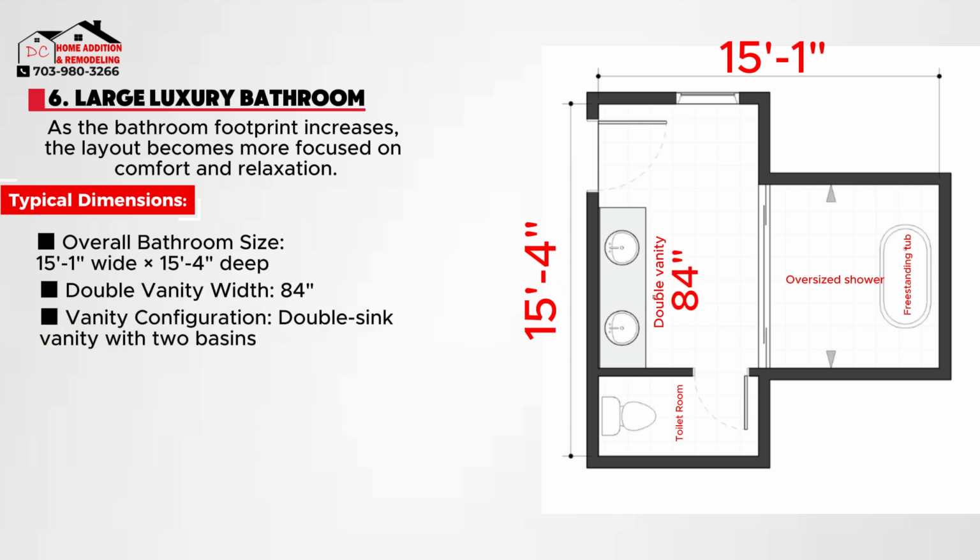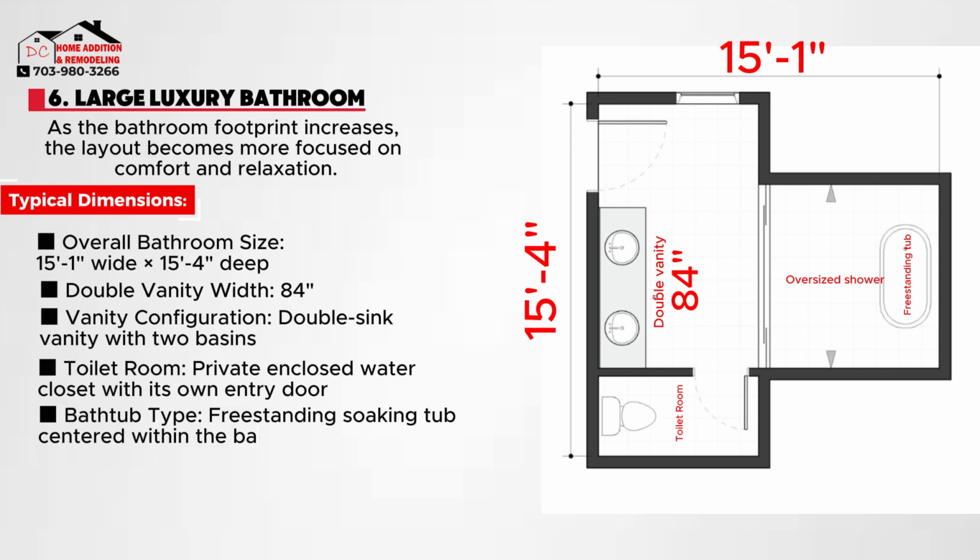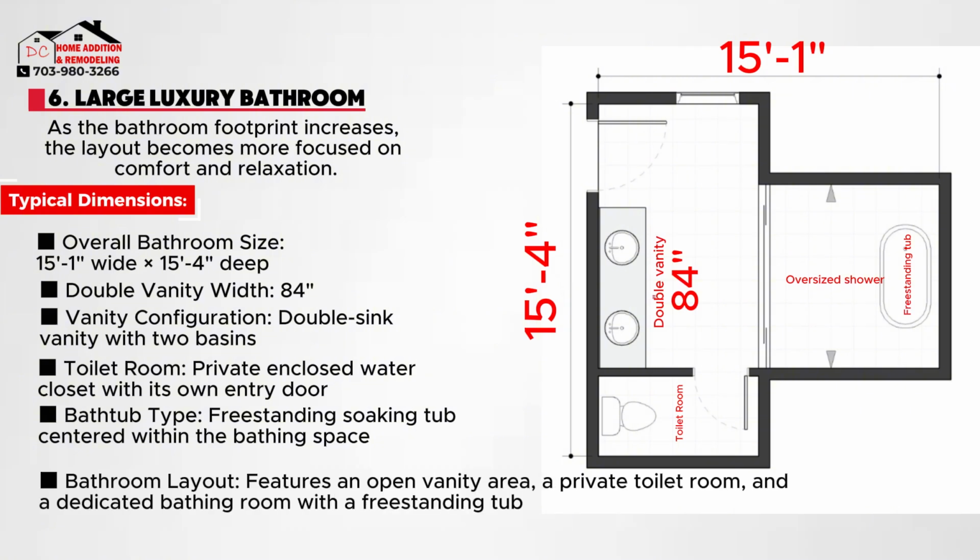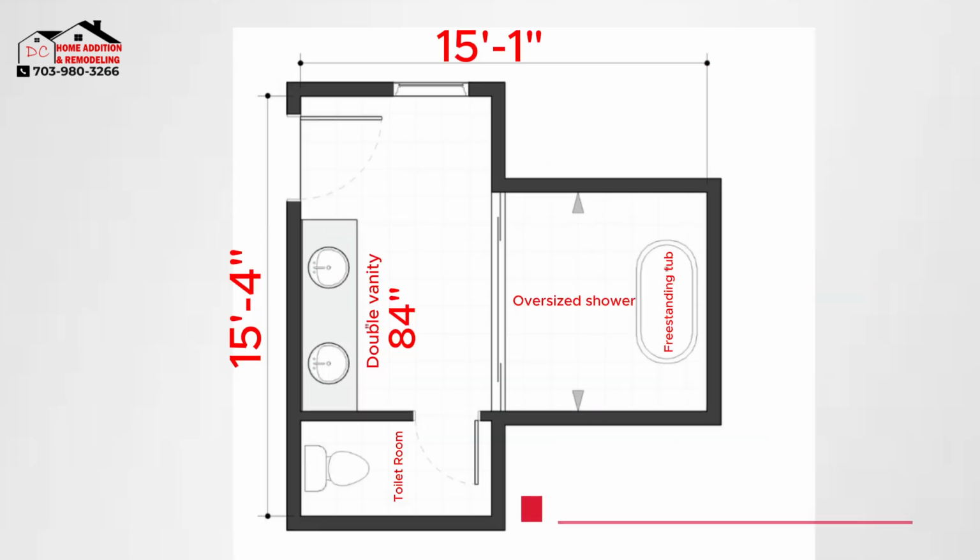Vanity configuration: double sink vanity with 2 basins. Toilet room: private enclosed water closet with its own entry door. Bathtub type: freestanding soaking tub centered within the bathing space. Bathroom layout features an open vanity area, a private toilet room, and a dedicated bathing room with a freestanding tub. These layouts create a spa-like atmosphere while maintaining excellent functionality.